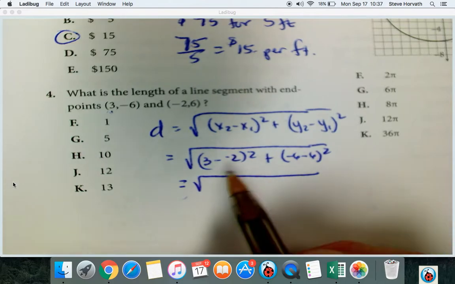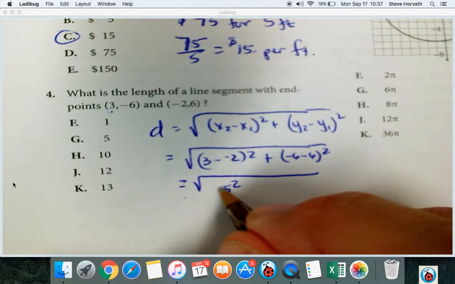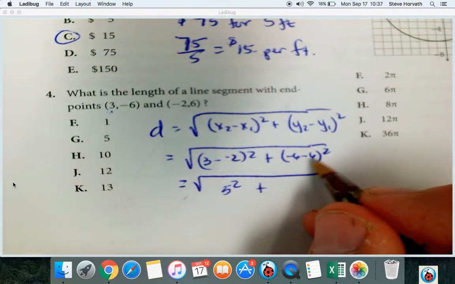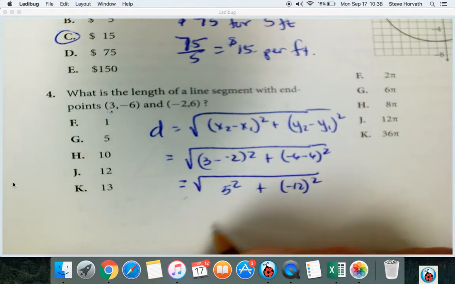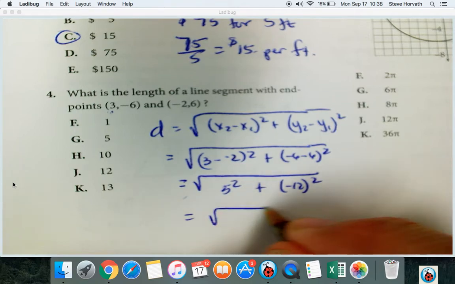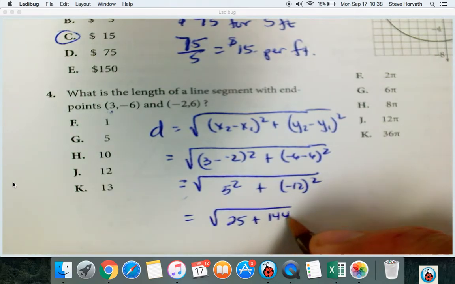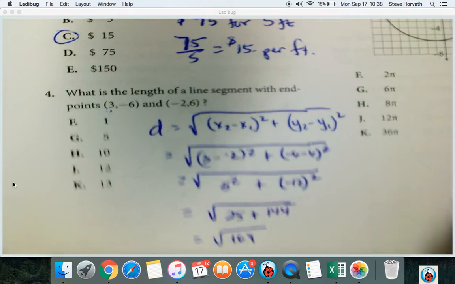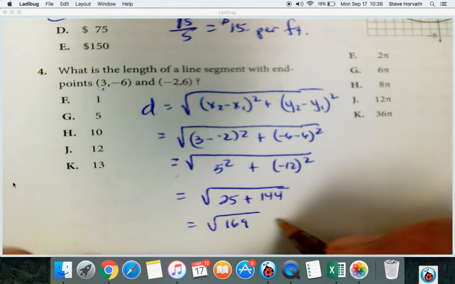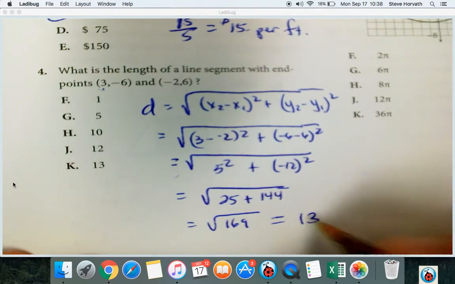That leaves us with 3 minus negative 2, which is 5 squared, plus negative 6 minus 6 is 12, is negative 12 squared. This leaves us with the square root of 25 plus 144, which is equal to the square root of 169. And then a calculator will tell us that the square root of 169 is 13.